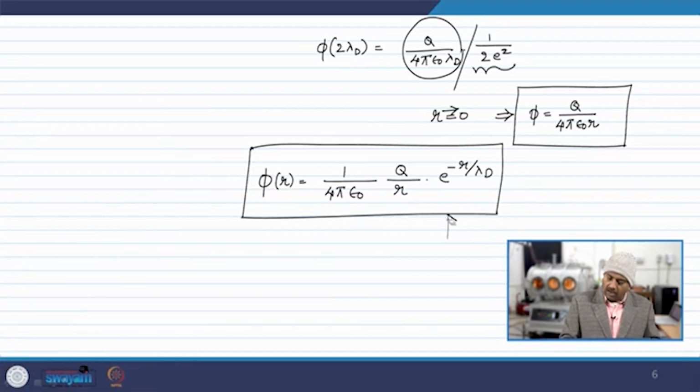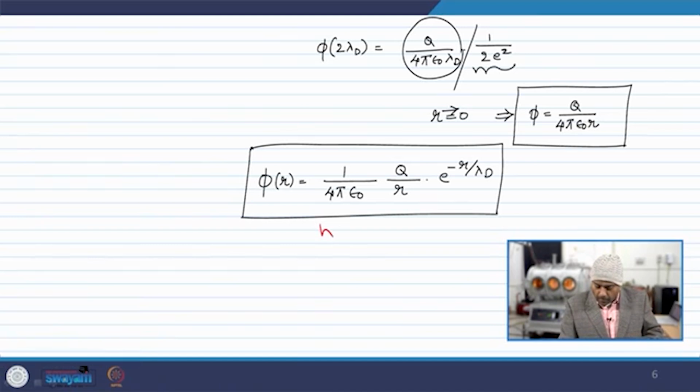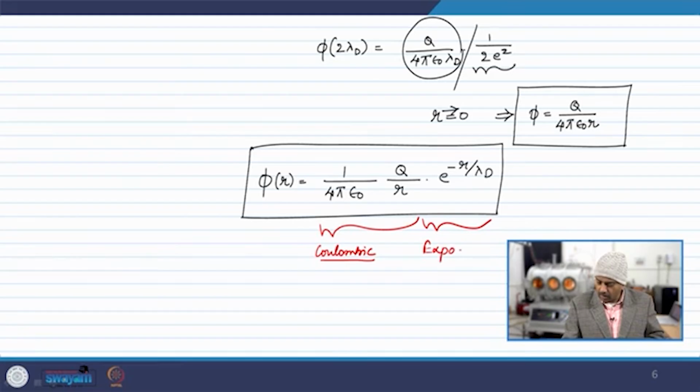Let us try to understand the significance, the physical significance of these different terms. So, this part from our understanding is Coulombic and this part is exponential. Okay. So, these two represent how the potential will decrease away from the positive charge.